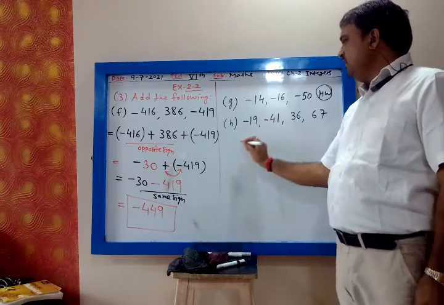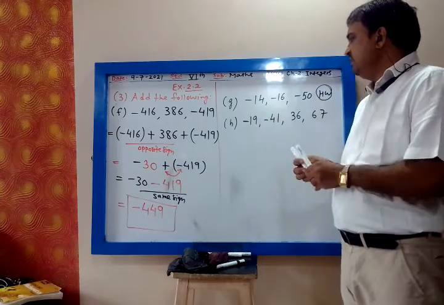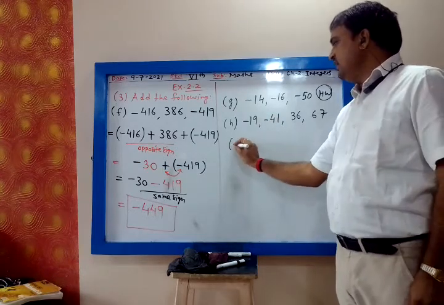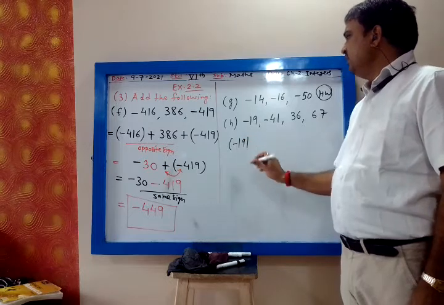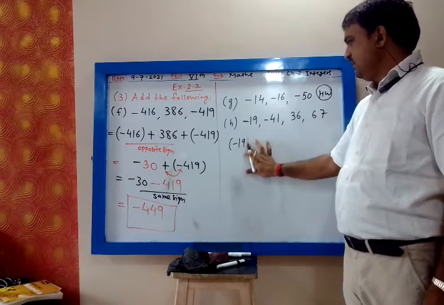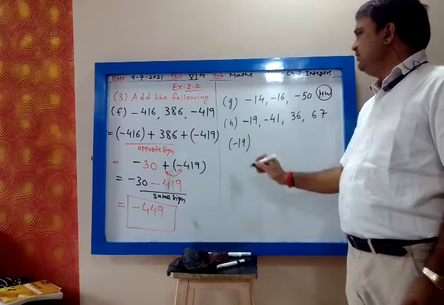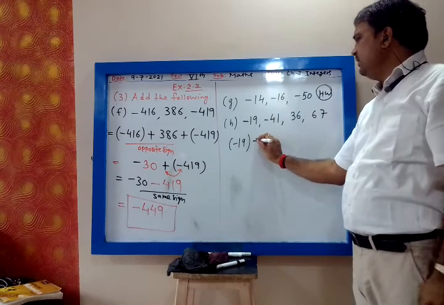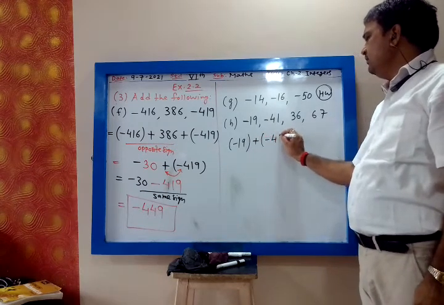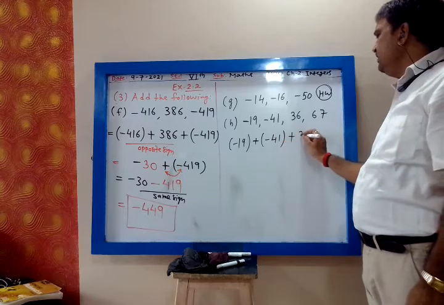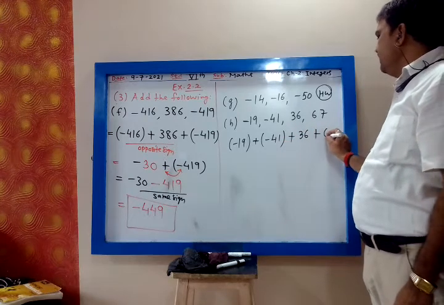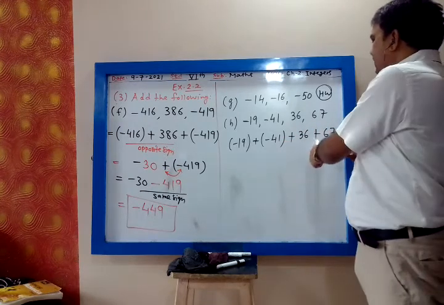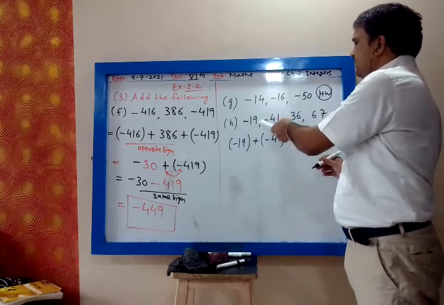So let me add all these numbers. Minus 19 plus minus 41 plus 36 plus 67. You have to add. Add means you have to write a plus sign between the numbers.